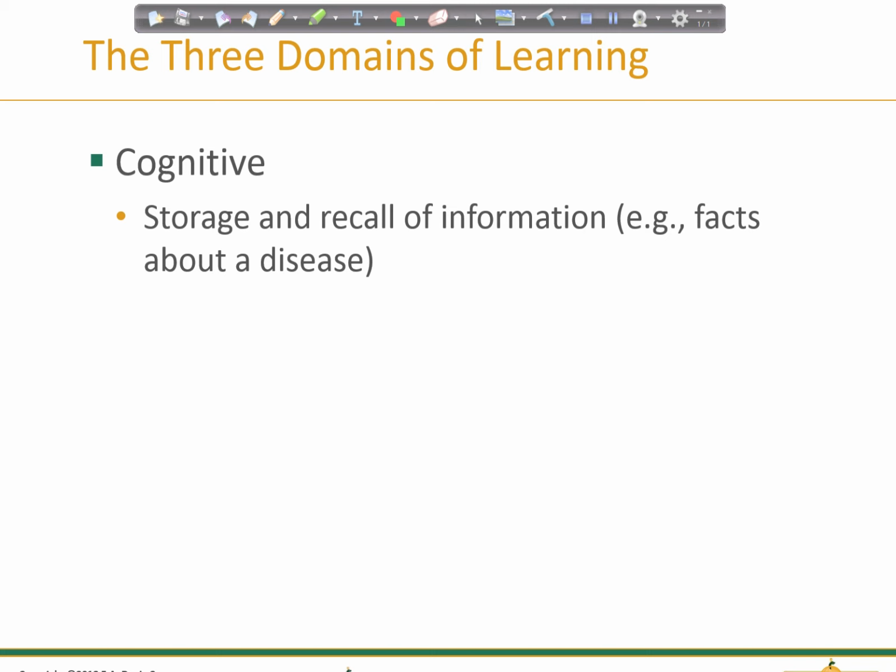So cognitive is a storage and recall of information. So cognitive can be ranging from simple to complex processes. There's 6 levels of behavior: memorization, recall, comprehension and analysis, synthesis, application, and evaluation.